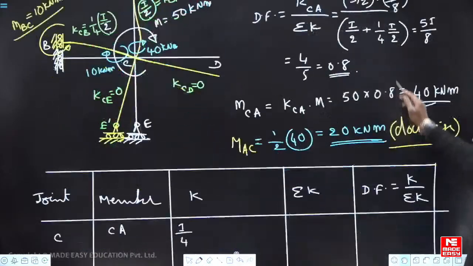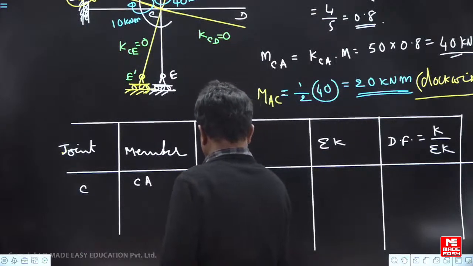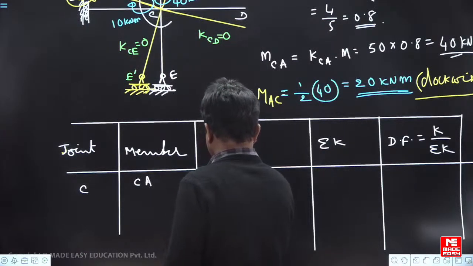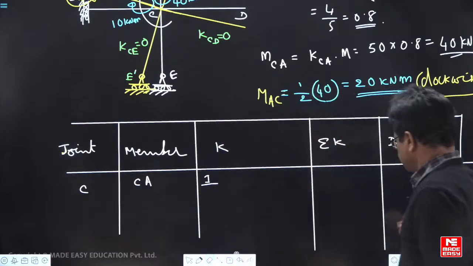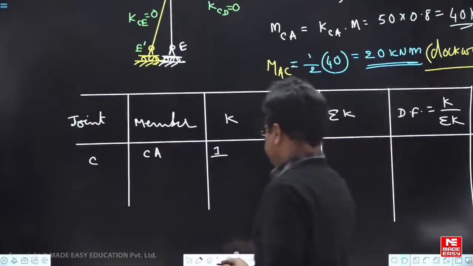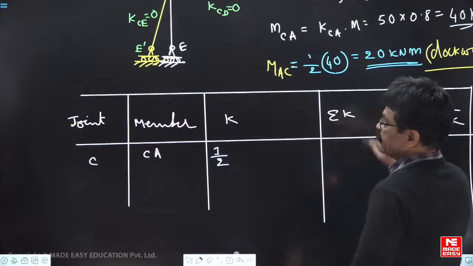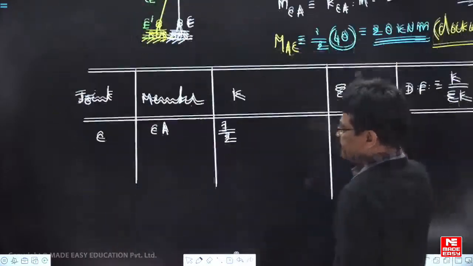Okay. Now let us fill the values correctly. As per the table, if I go C to A, far end is fixed, I by L. So I by 2. Next, CA is over, then CB.